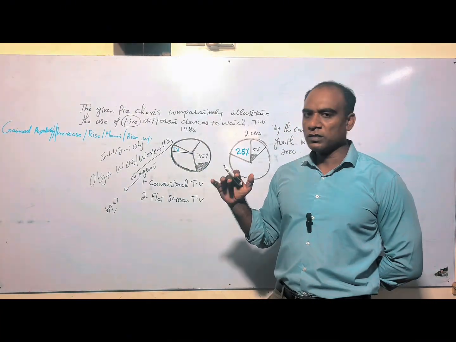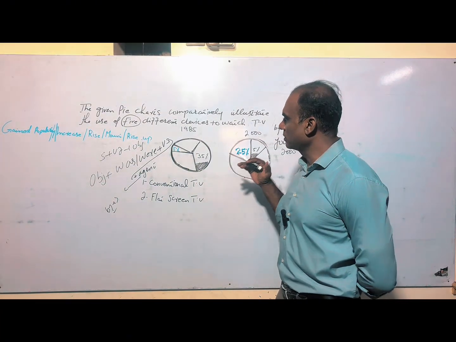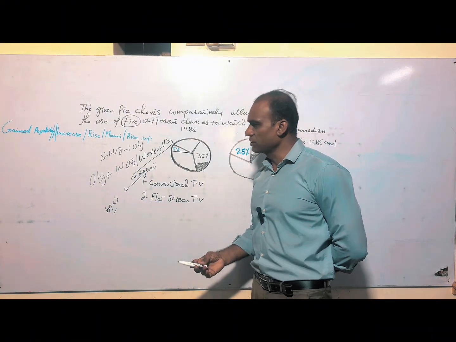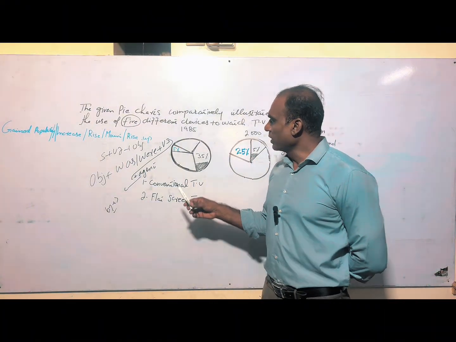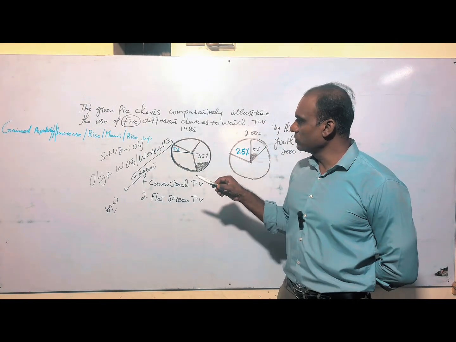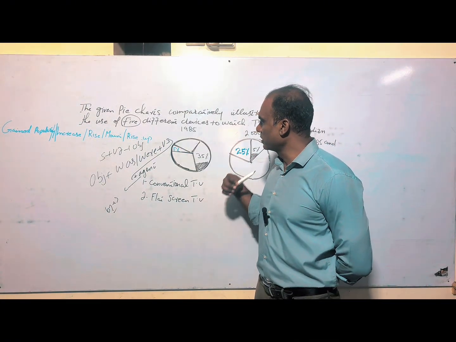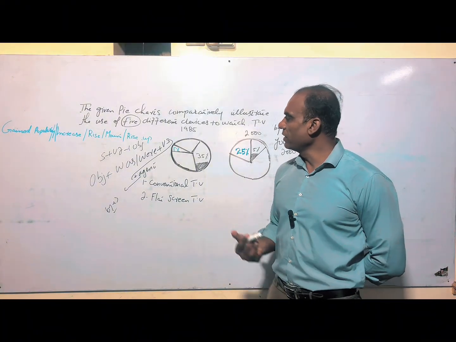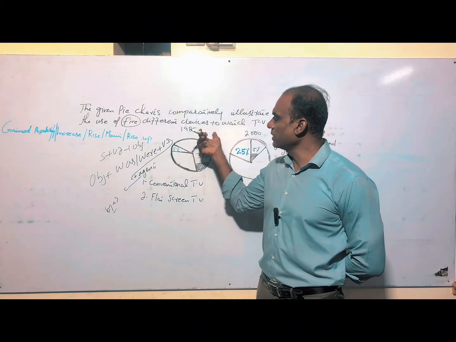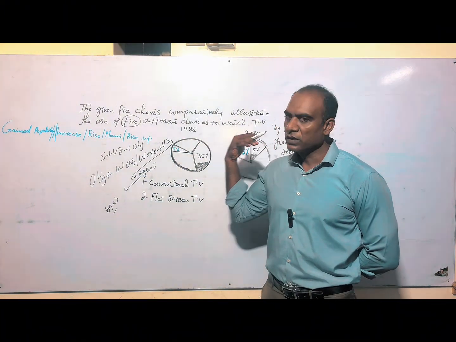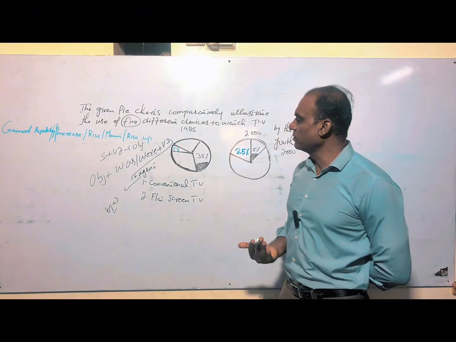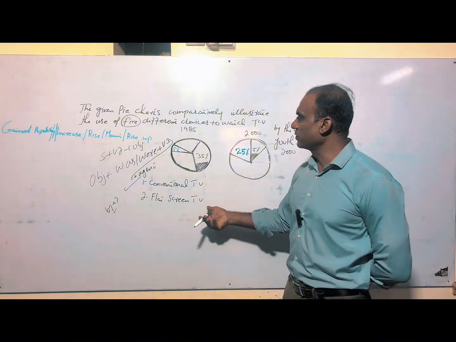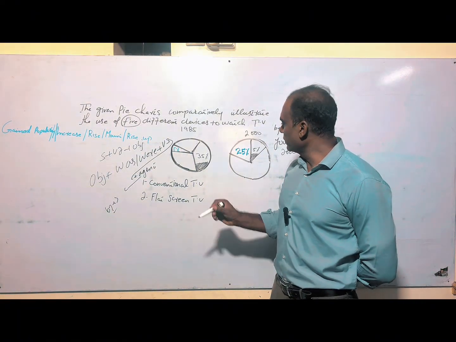There are many other ways you can write a sentence or explain it as the examiner wants. Here the Canadian youth are the subject, and what they did was they watched TV, and when they watched was in 1985 and 2000, and the devices they used were conventional TV and flat screen TV.